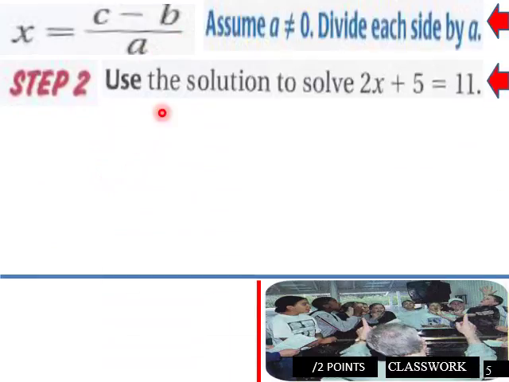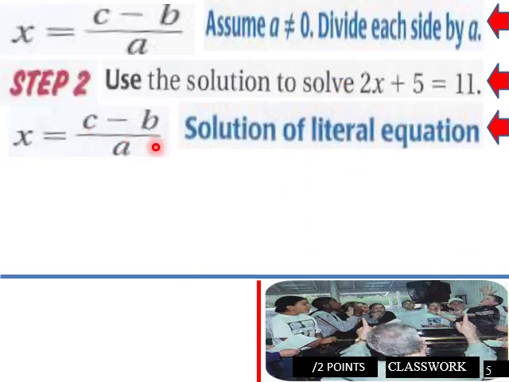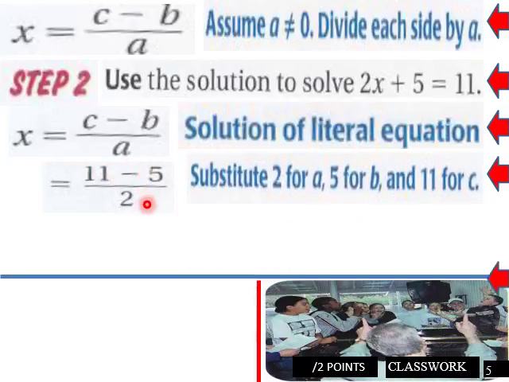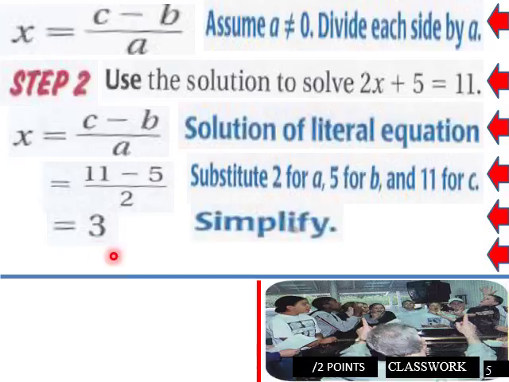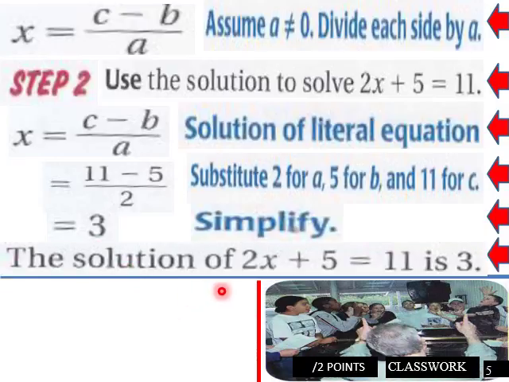So step 2, use the solution to solve 2x plus 5. Now that we have that, we just plug in what we learned from our literal equation: 11 minus 5 over 2. So substitute 2 for a, 5 for b, and 11 for c, and then we get 3 for the answer. So that's a way to solve an equation by using a literal equation. It's a formula, basically. That's what we do.